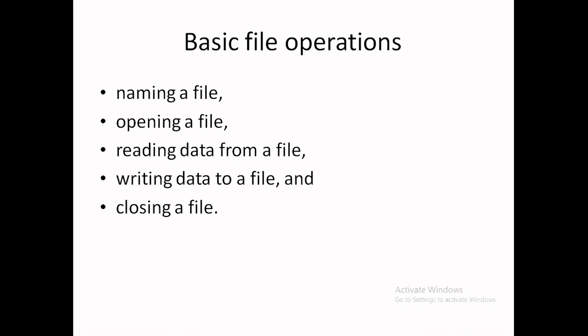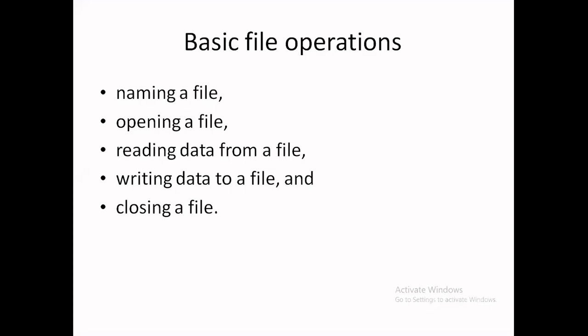Next, come to reading data from a file. If a file is an existing file, meaning one file is there before you create a file, then you can open the file and read data from that file. That is the operation. If no information is there, then you can write data to the file. Finally, either it is reading or writing.